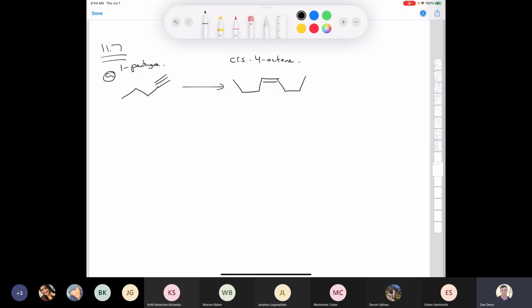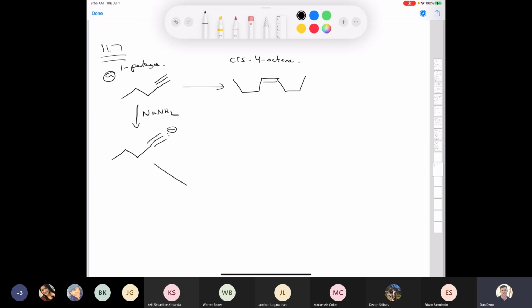All right. So let's see here. 1-pentyne and cis-4-octene. So we're adding a total of 3 carbons to the molecule. So what are we going to do to add 3 carbons? Well, we know that the only way we can add carbons to this is to deprotonate. So let's treat this with sodium amide, and I'm going to break it down step by step here. That would give us this alkanide ion, wouldn't it?